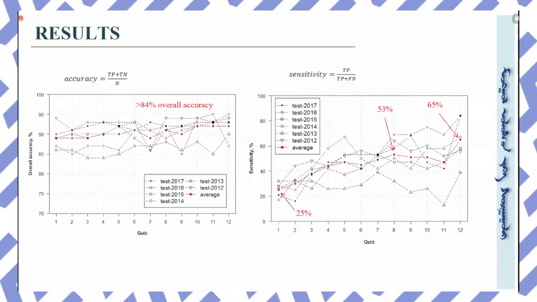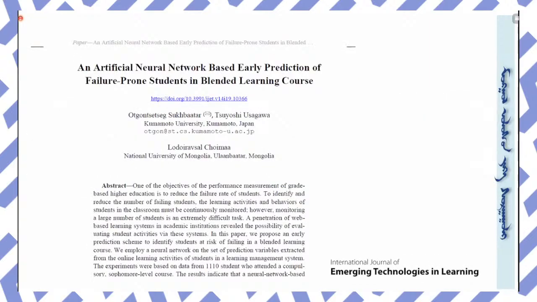So maybe we can use the previous prerequisite courses' final grades or other demographic data, GPA or other data to improve the prediction accuracy. This paper is published in the International Journal of Emerging Technologies and Learning. If you want a deeper insight into the paper, you can check it out.